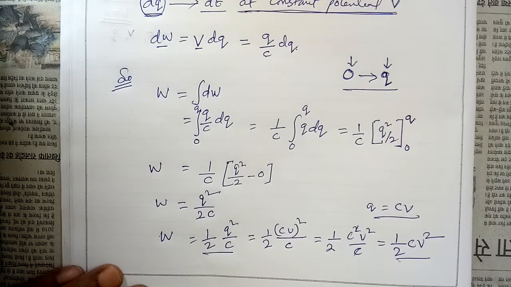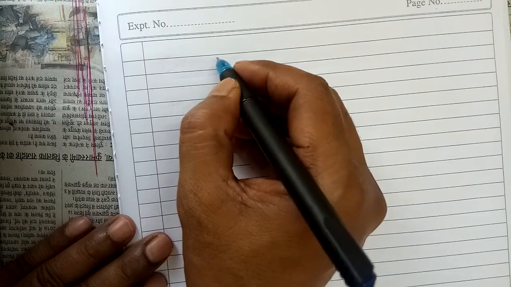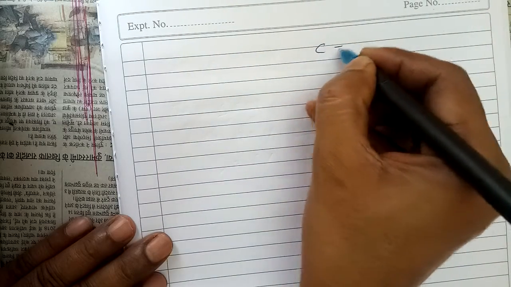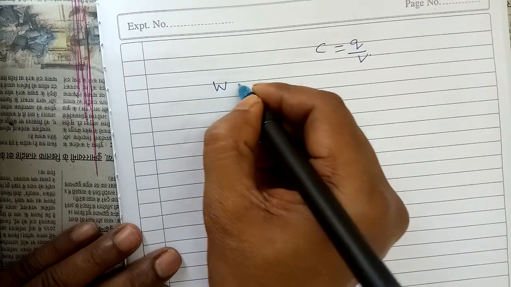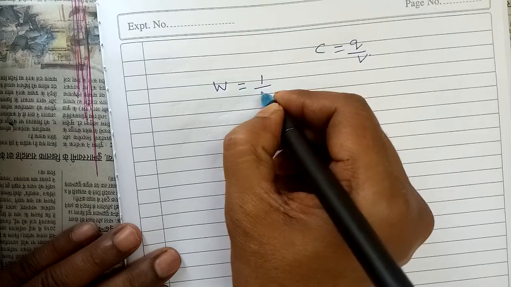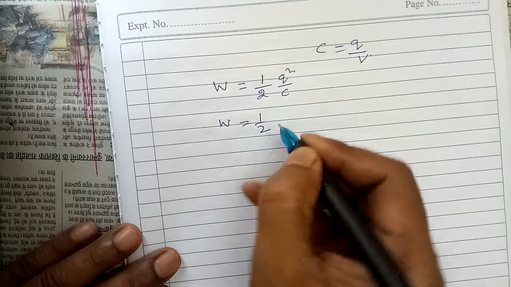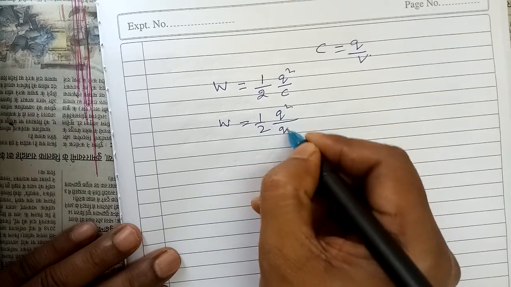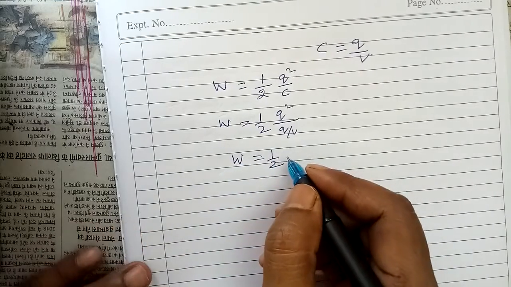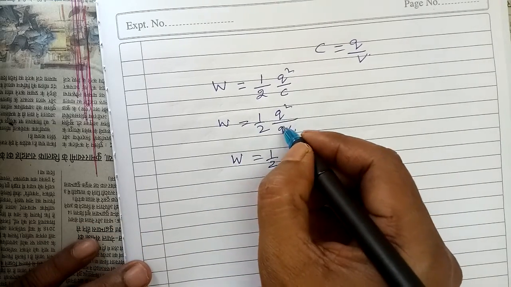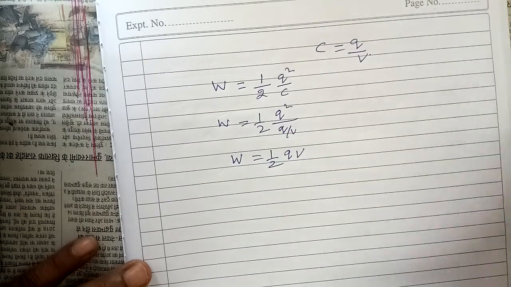Again, if we substitute for C as q by V, then the above equation which we got, W is equal to 1 by 2 q square by C, will become 1 by 2 q square by q by V. This gets cancelled, so we get half qV.